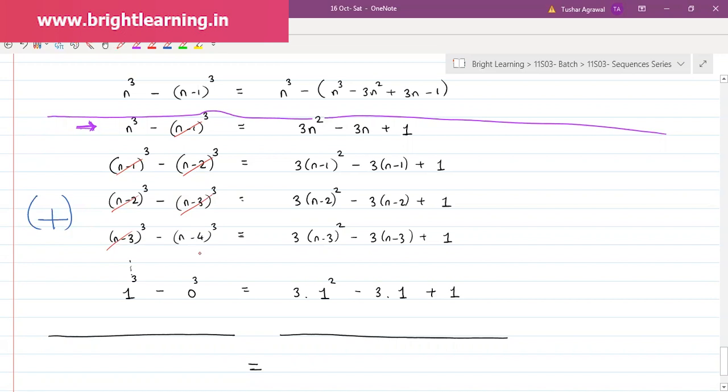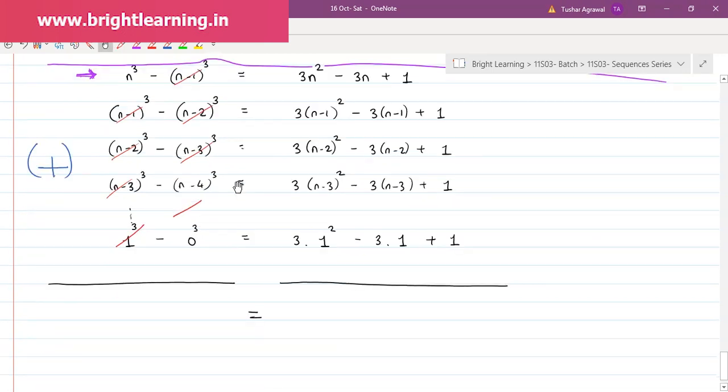Lastly, here this previous term and this 1 cube will get cancelled out. So what are the only terms surviving? Here n cube will be remaining alive and this 0 cube will be remaining alive. So on the LHS I get n cube minus 0 cube. Is the summation of LHS clear?